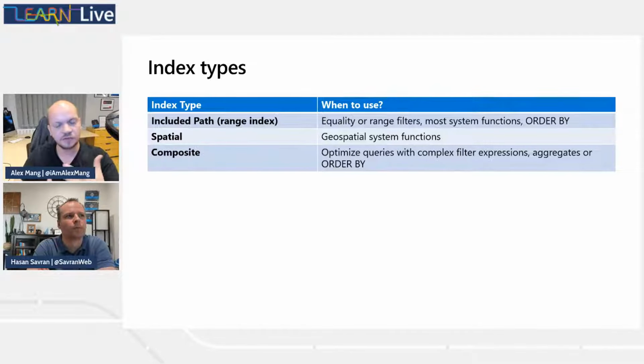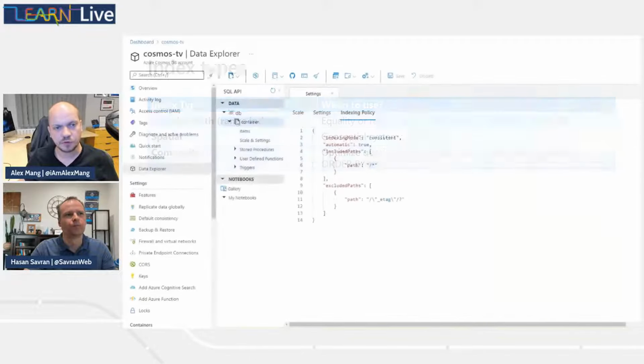But sometimes, as you have mentioned, Hasan, you've got to go the extra mile. In some scenarios, you're going to have complex filter expressions, using an aggregate, using order by, using sorting effectively, and that's where composite indexes make more sense. And of course, if you're running a spatial system function in Cosmos DB, spatial indexes are going to be great for that, and they can definitely help improve performance.